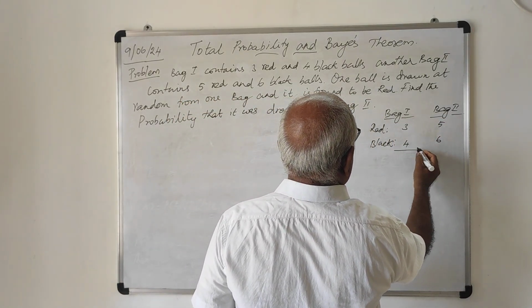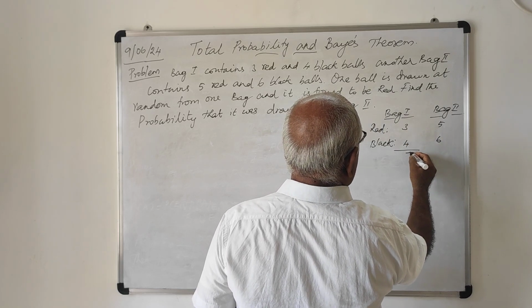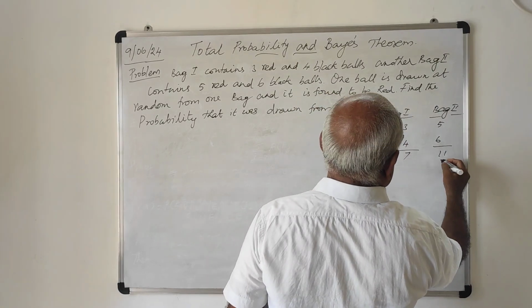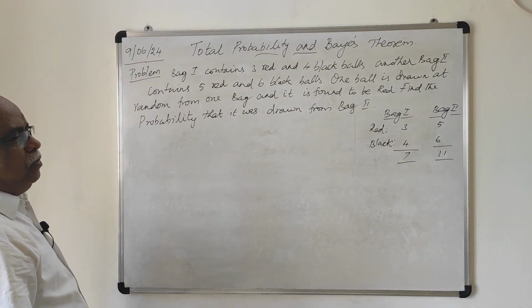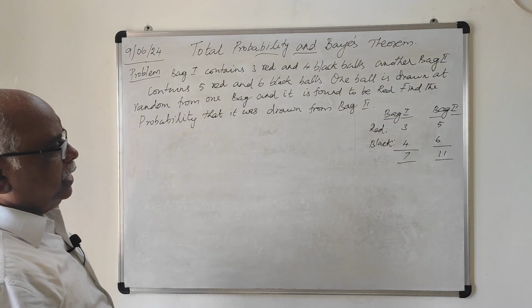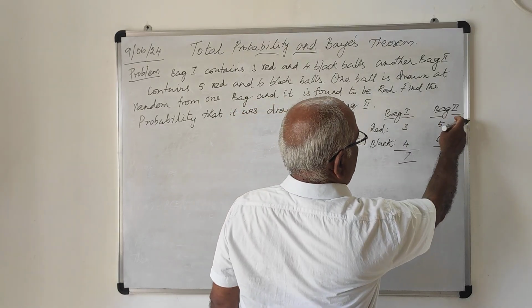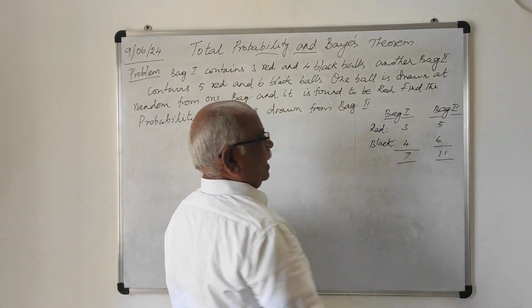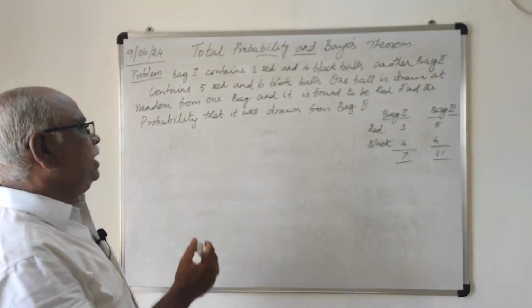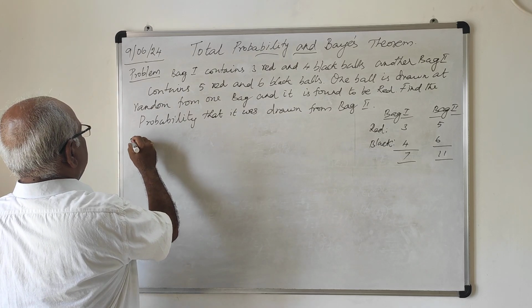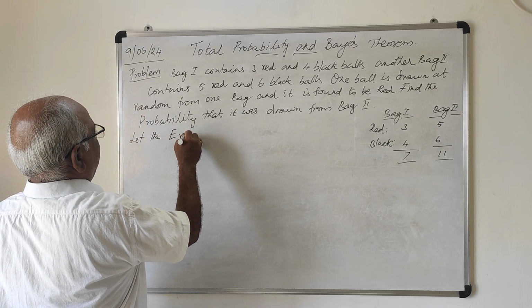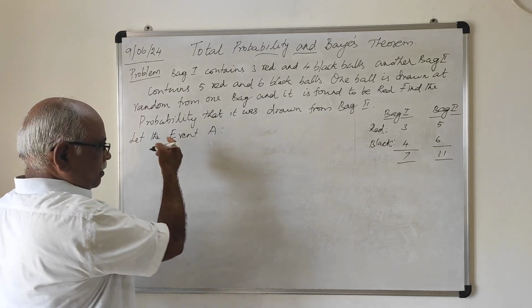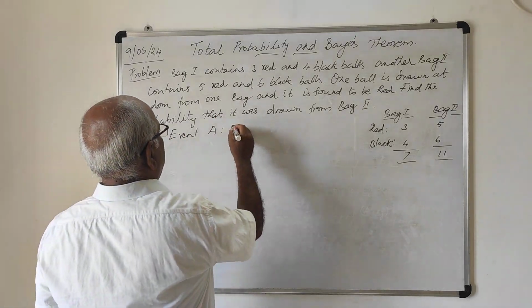The total balls in bag 1 is 7, in bag 2 is 11. Now, let the event A be our required event: a red ball is drawn.